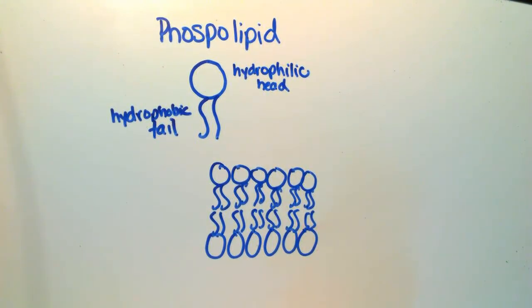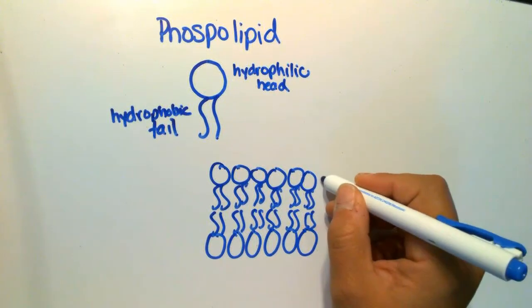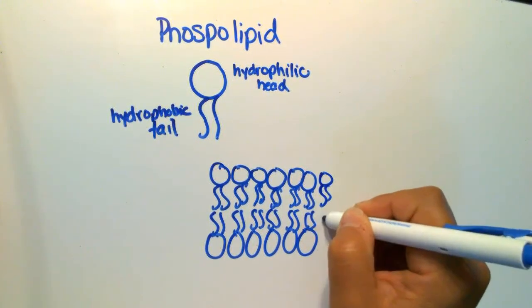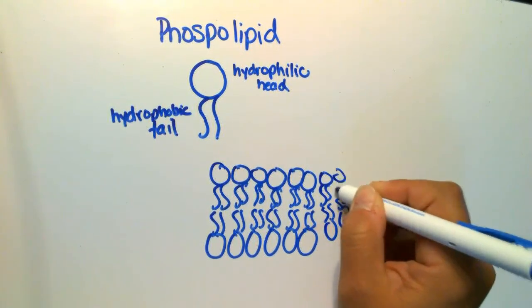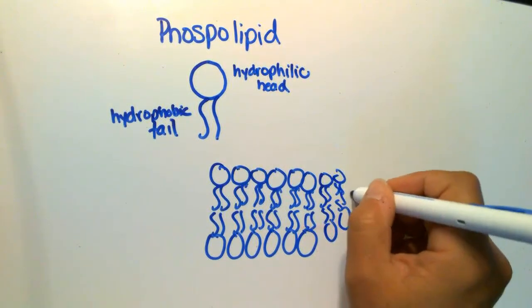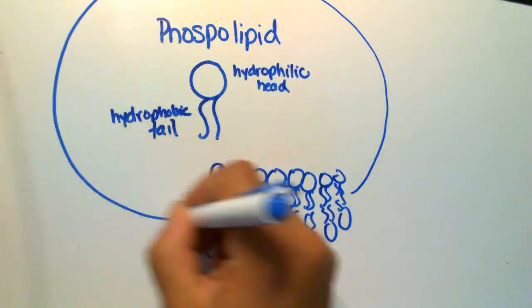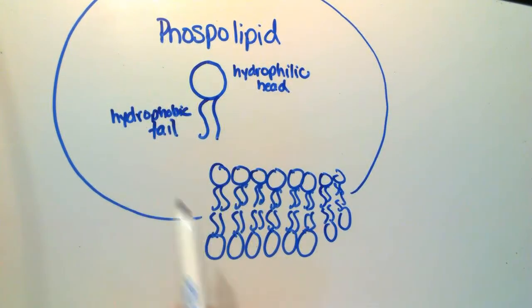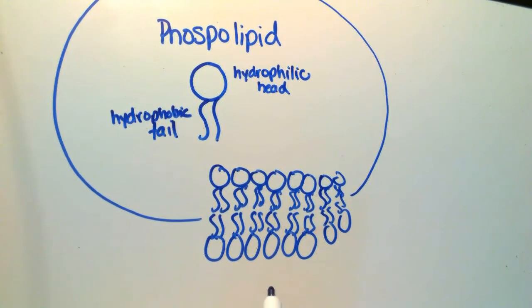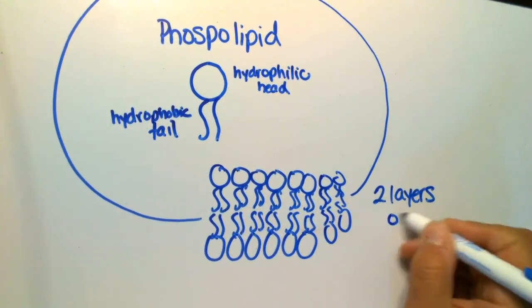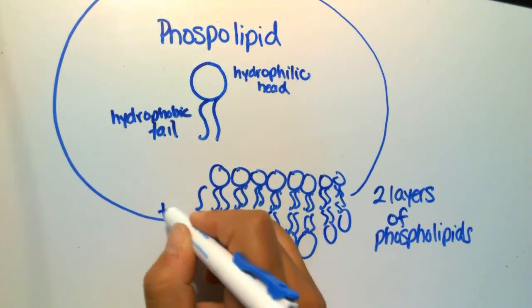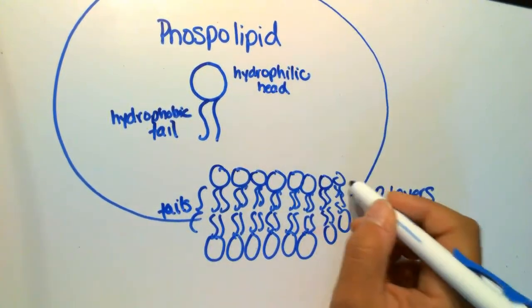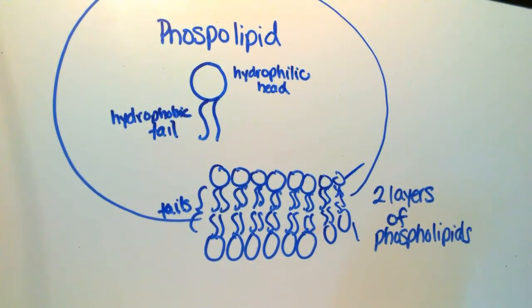If we were to keep going, you could see how it would turn. Eventually, this would make up your entire cell membrane. So two layers of phospholipid with the tails on the inside and the heads facing the inner part of the cell and the outside part of the cell.